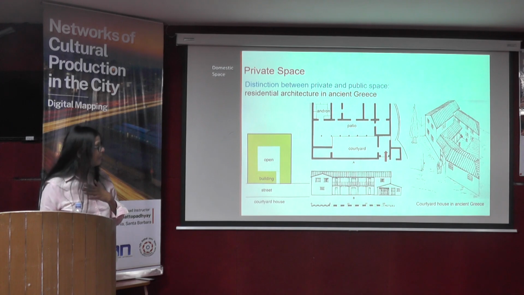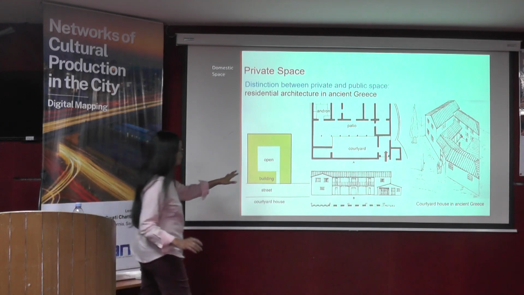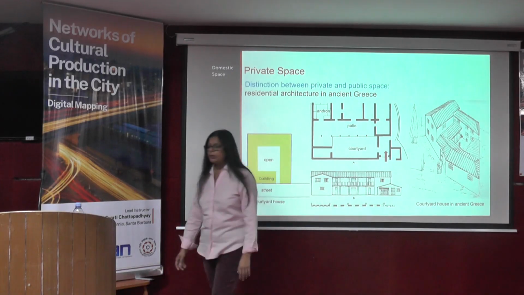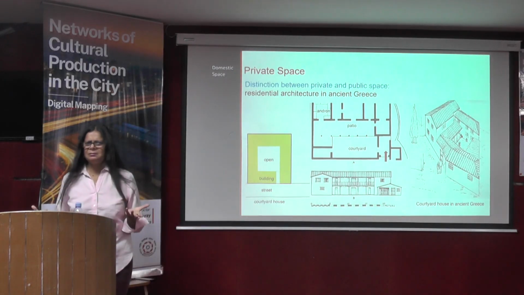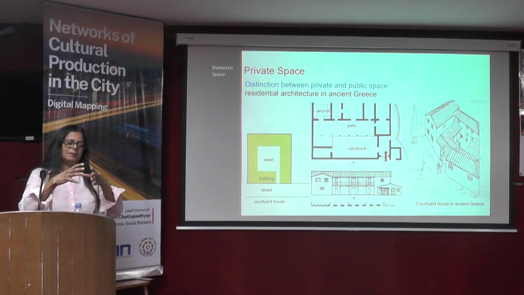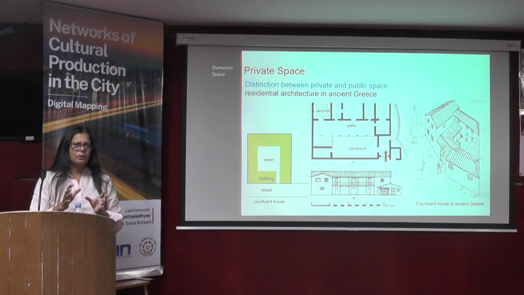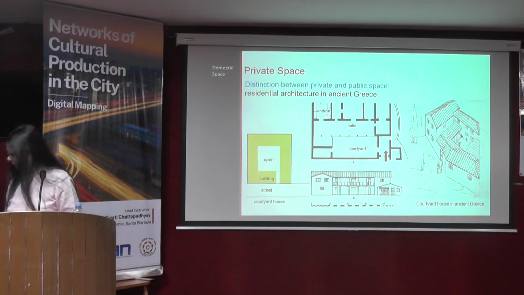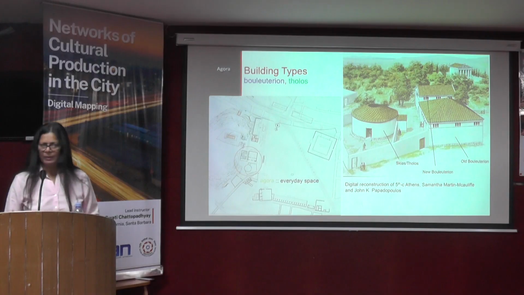It's a very male space, and as you can see, these are columns. So this is a porch, and this building form you find pretty much everywhere in the world. A house built around a courtyard in one form or another. So there's nothing particularly distinguished, but there's a big distinction between private and public space.